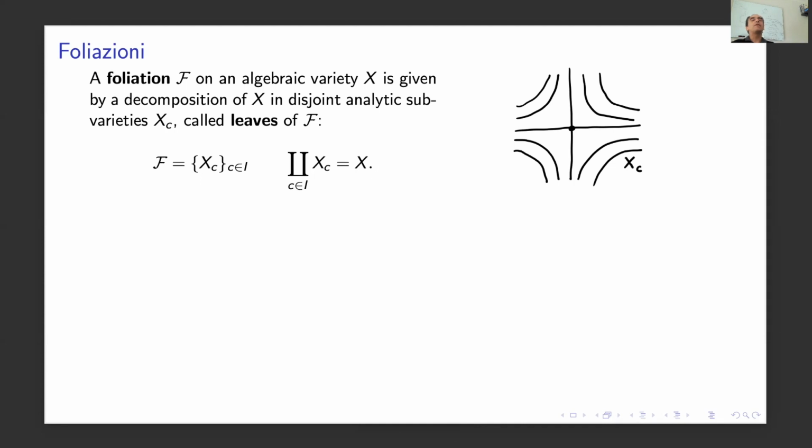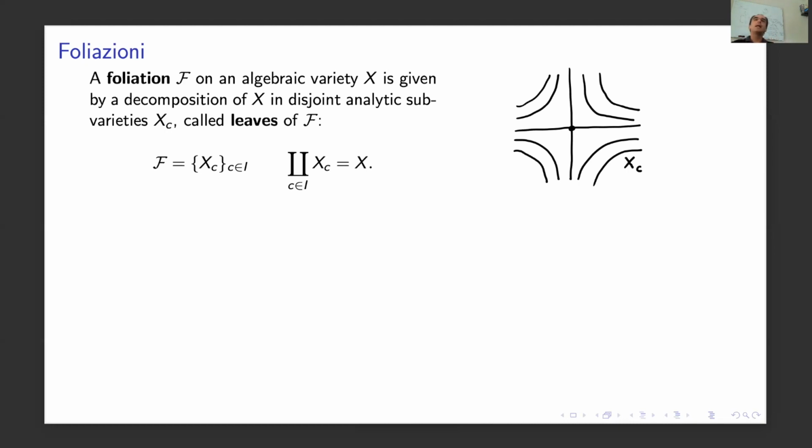So let me start from the definition of a foliation. A foliation on a given variety X somehow corresponds to the decomposition of X into a disjoint union of analytic subvarieties. So these are not algebraic varieties. We should think of them as analytic subvarieties. Sometimes the situation is even worse than this.